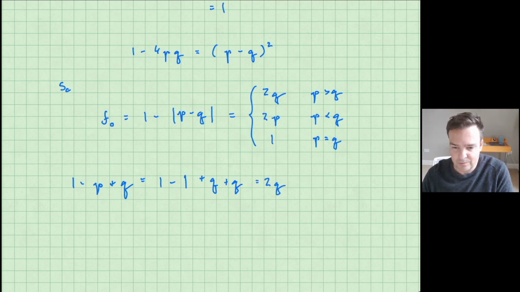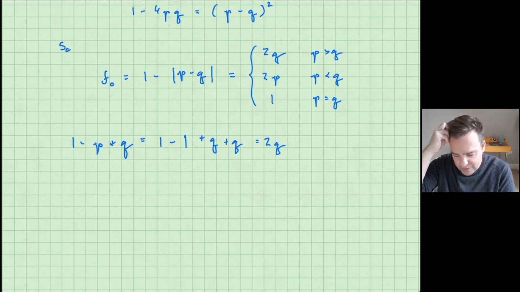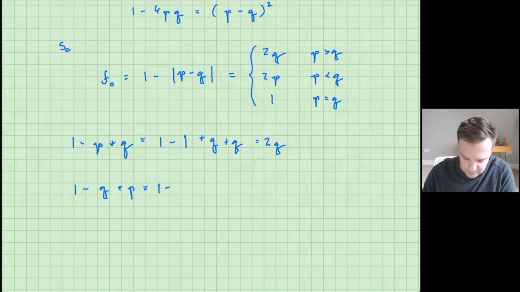And you can do a similar thing. If p is smaller than q, then we've got 1 minus q plus p, and that's equal to 1 minus 1 plus p. And that's 2p.